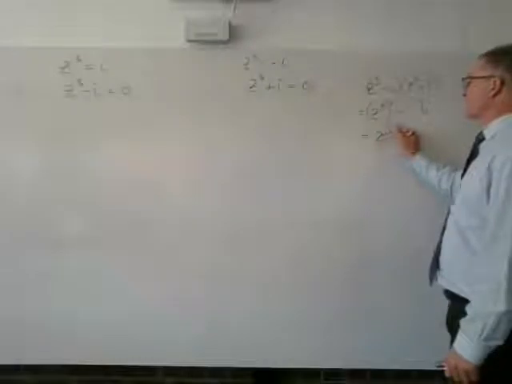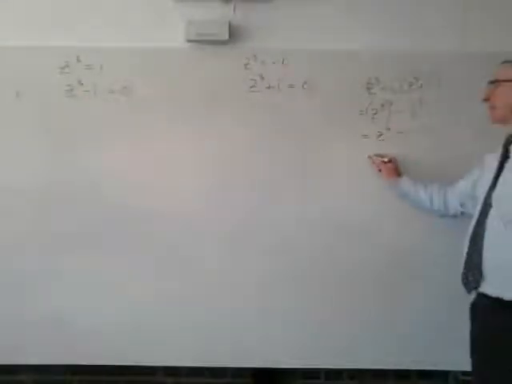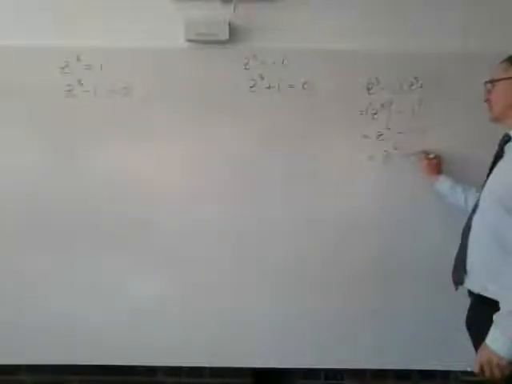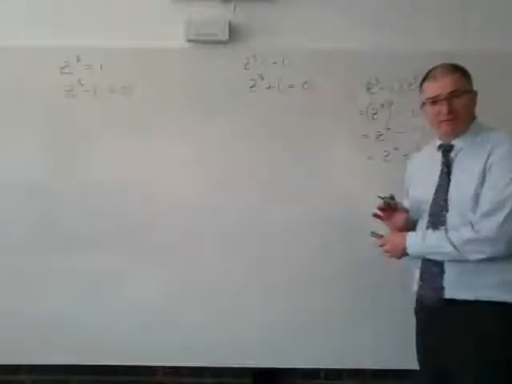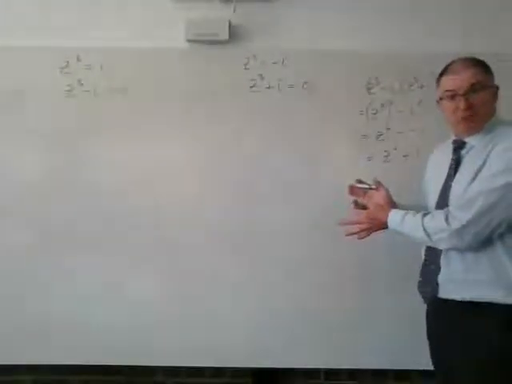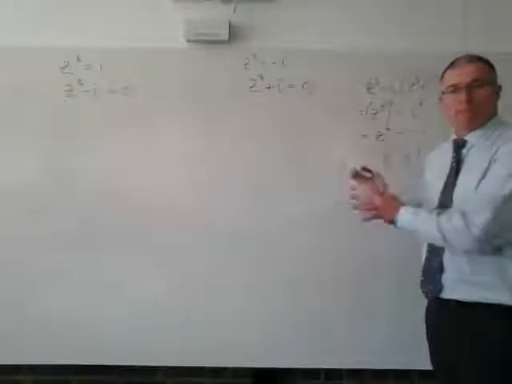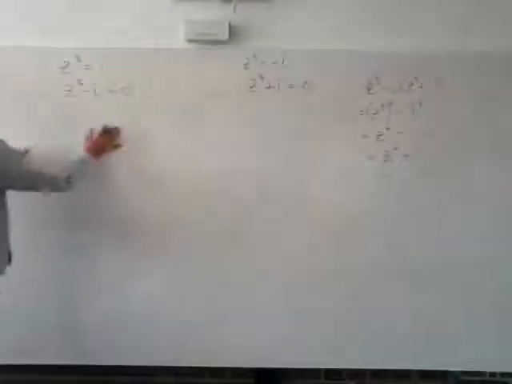So that's z to the 6 minus i squared, which is z to the 6 plus 1. So the combination of the previous ones was z to the 6 minus 1. The combination of this is going to be z to the 6 plus 1. Right, let's do them each individually.